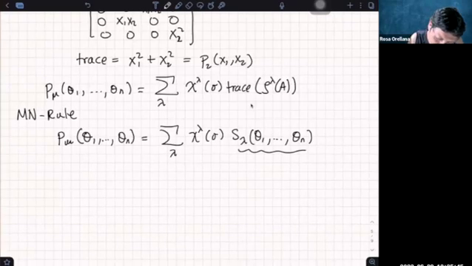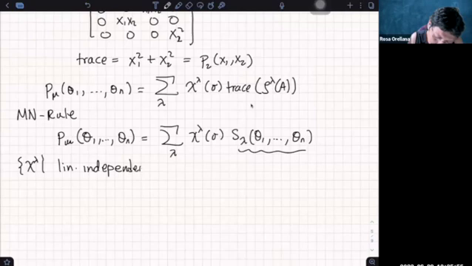And this follows because the χ^λ, if you look at this set, are linearly independent, from the representation theory of the symmetric group.